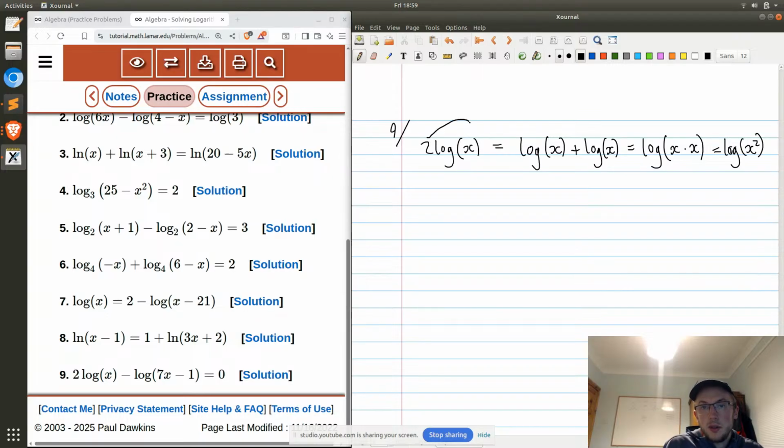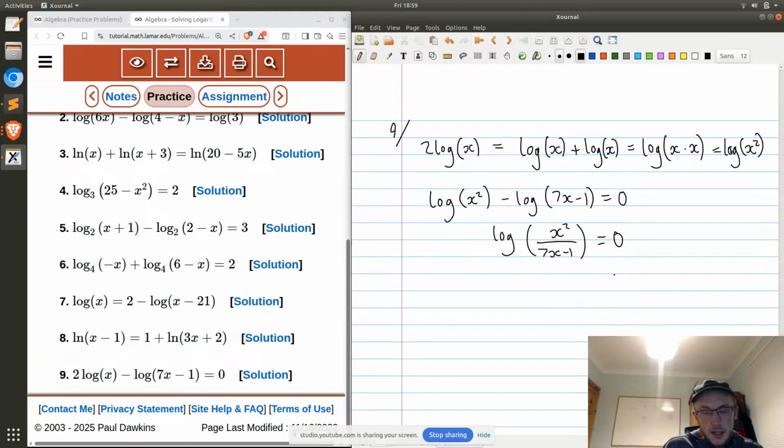That's why the 2 comes up there. All right, so we have log x squared right there. Take log 7x, take 1, and that's equal to 0. Then log of x squared over 7x, take 1, is equal to 0.